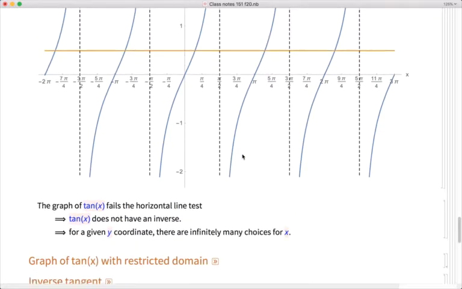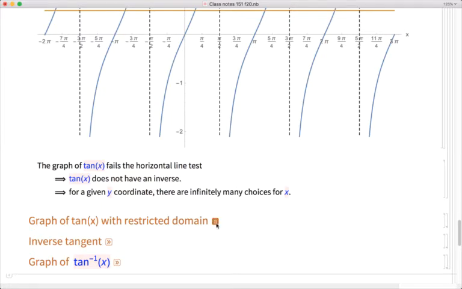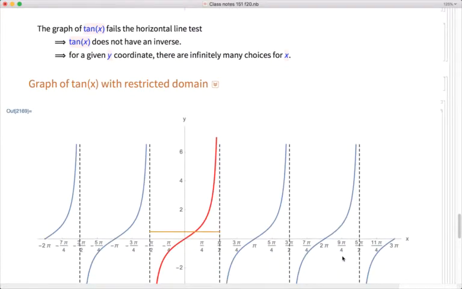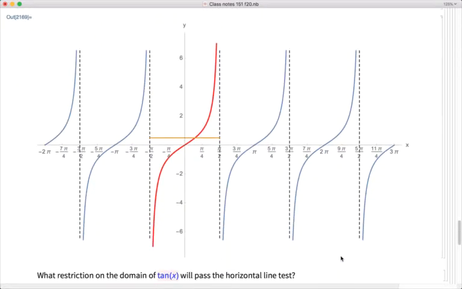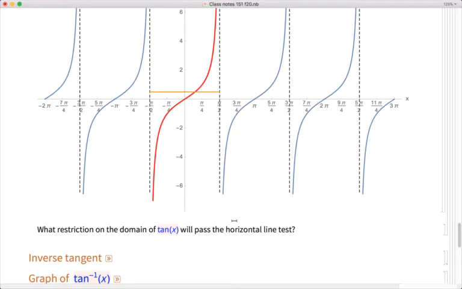So once again, we're going to try to restrict the domain so that we do pass the horizontal line test. And this time we're going to choose the interval from -pi/2 to pi/2. Okay, so we are now passing the horizontal line test, so the restricted tangent function will have an inverse.